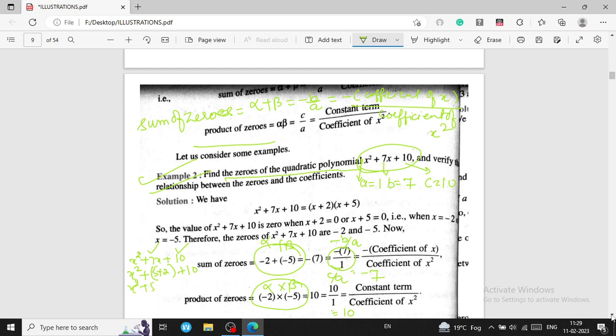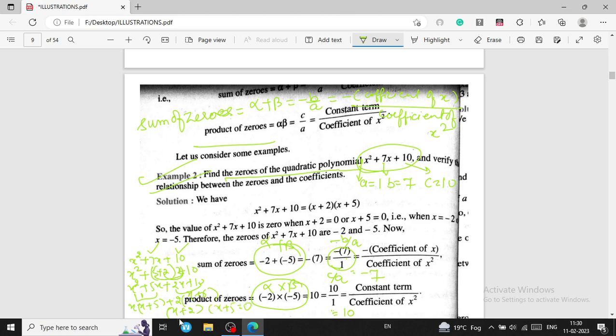So x square plus 5x plus 2x plus 10. After this, we take the common factors: x plus 5 in one bracket, 2 outside, x plus 5 in the bracket. And finally we get x plus 2 and x plus 5.